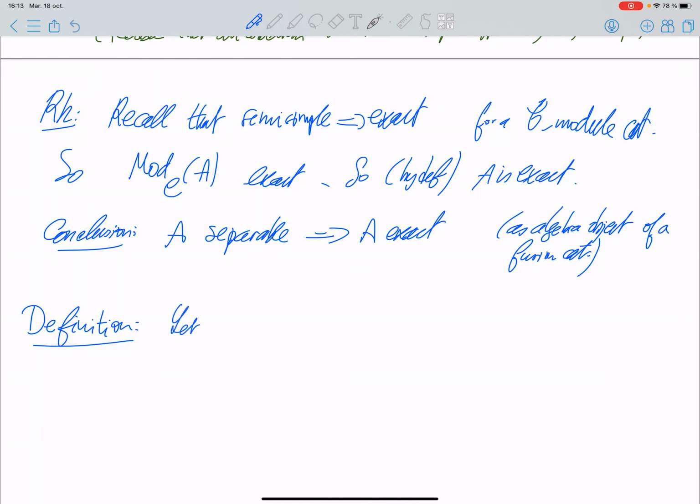So let me write that quickly. Let H be a bialgebra.